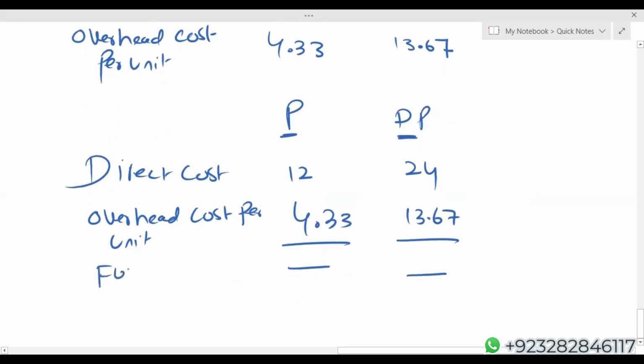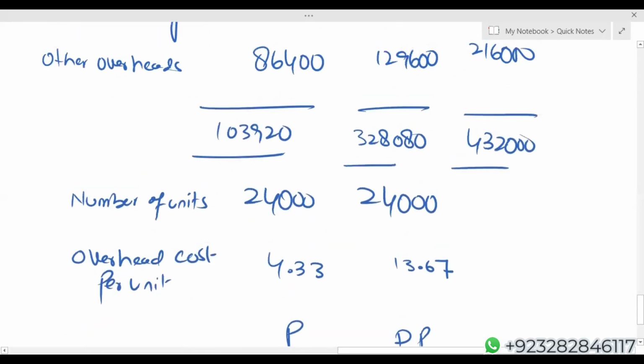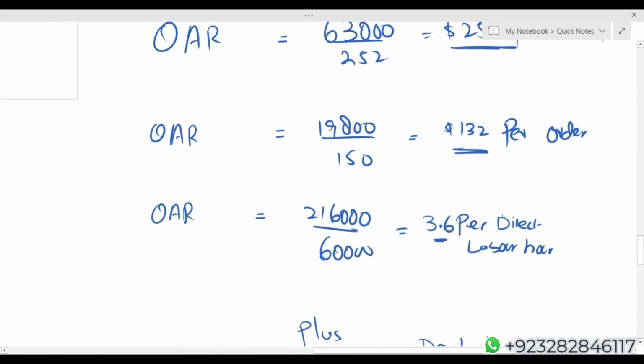So full cost under ABC, I'm getting 16.33 and 37.67. So it can be seen now, obviously, the full cost per unit under ABC is different than what we have seen in absorption costing.